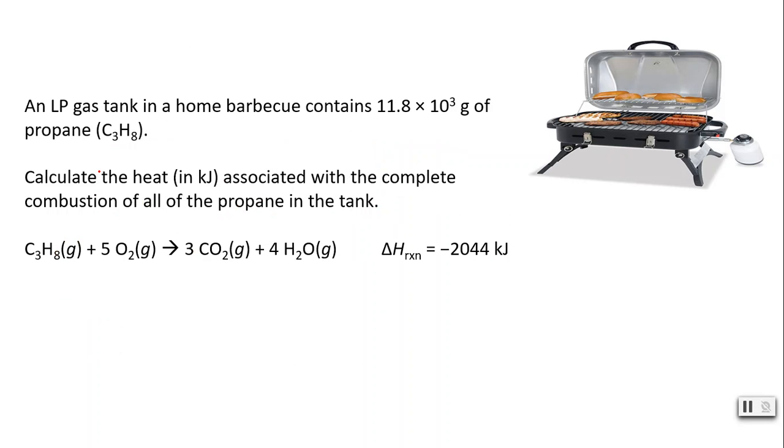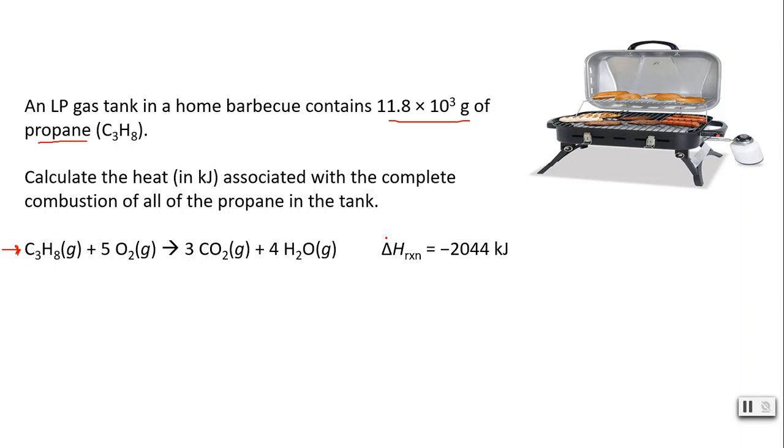You want to do some barbecuing with your family? And let's say you know that your home barbecue tank has 11.8 times 10 to the 3 grams of propane. And you want to know how much heat in kilojoules is associated with completely burning or consuming all of that reactant. And I give you the balanced chemical equation for that combustion reaction.